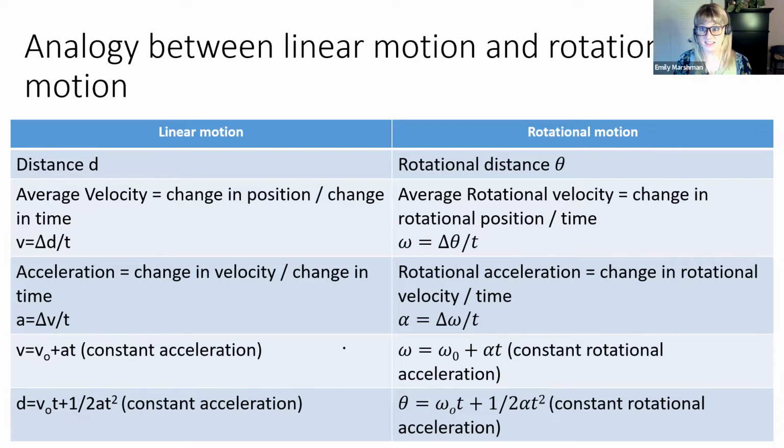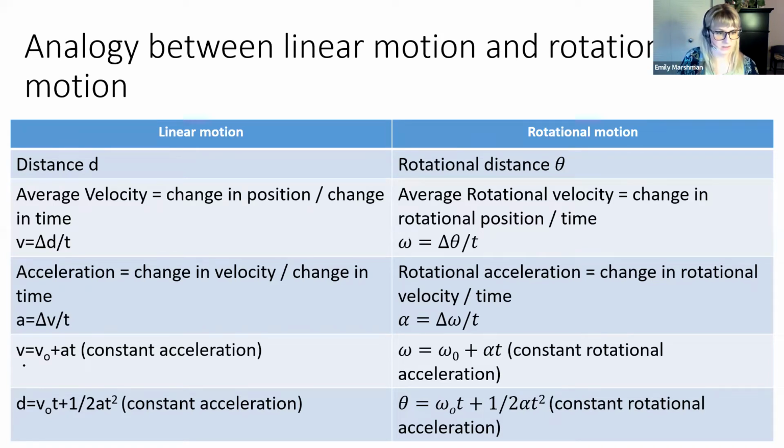And you might guess that the kinematics equations that we used for linear motion, v final equals v initial plus at, and distance equals the initial velocity times time plus 1/2 at squared, we can write those in rotational motion as well.